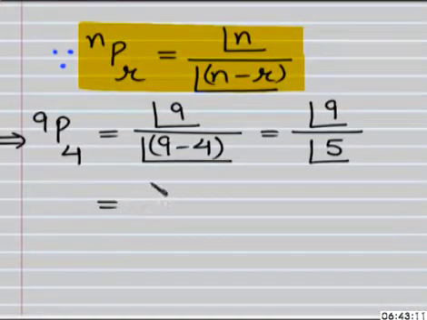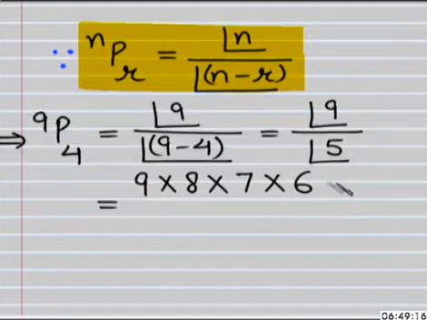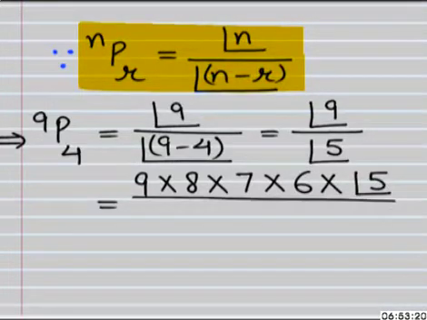This is further equal to 9 into 8 into 7 into 6 into 5 factorial whole divided by 5 factorial.